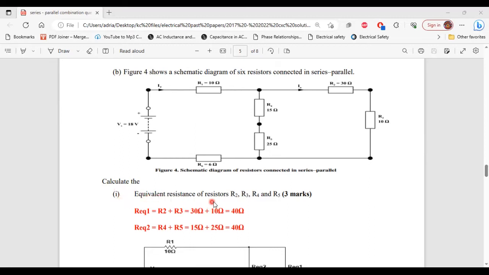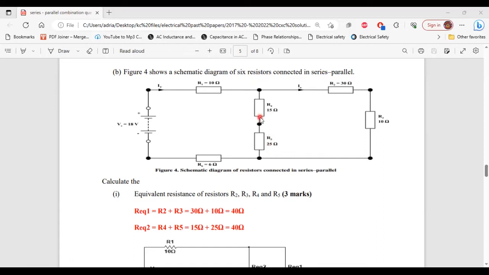R3, R4, and R5. All right, so here is R2, R3, R4, and R5. So when looking at all 4 resistors, we realize that R2 and R3 are in series together. R4 and R5 are also in series with each other.